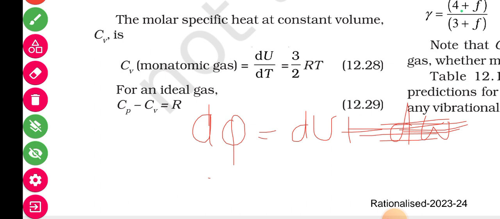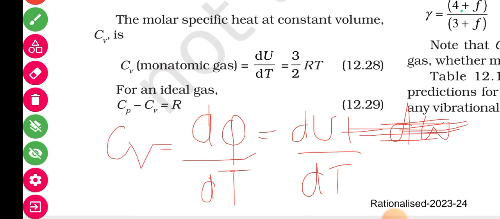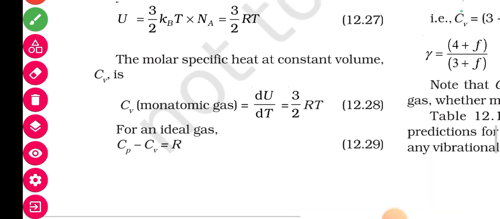And to raise the temperature by 1 degree, we divide by dT. So dQ by dT is dU by dT for constant volume, and that is Cv. Internal energy does not depend on volume, it only depends on temperature. So Cv is dU by dT, and U was 3 by 2 RT.